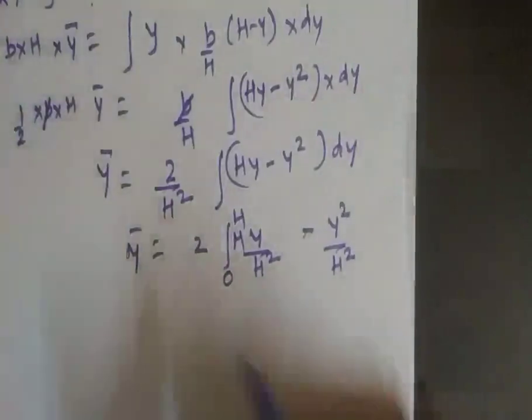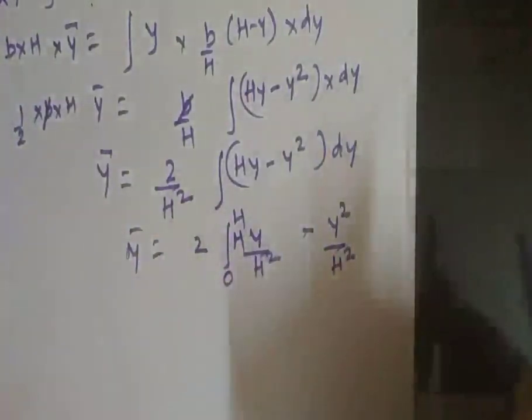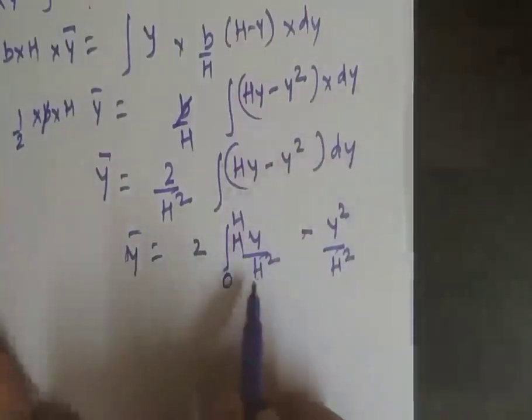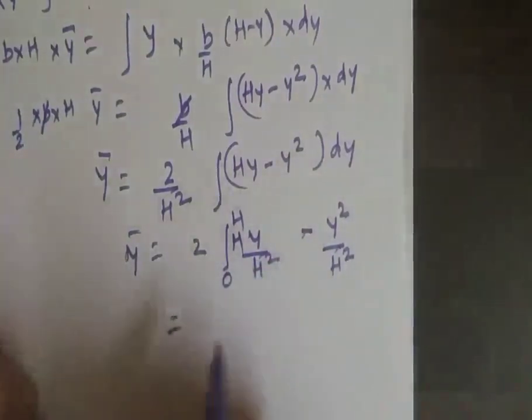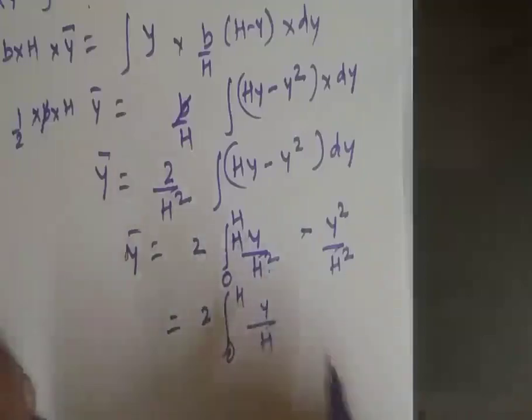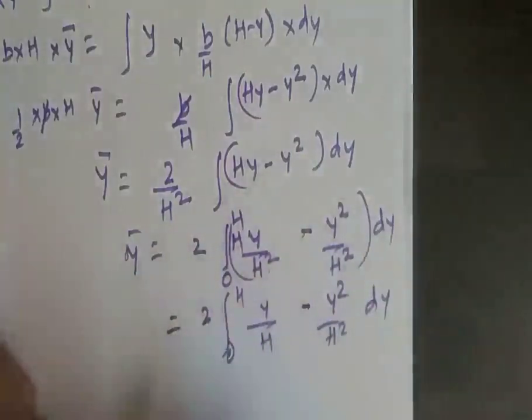After substitution of 0 to h as the integration limit, because y varies from 0 to h, we need to find each individual term. For this we have the simplification: 2 times the integration from 0 to h of y divided by h, that is h and h square get cancelled, minus y square divided by h square, dy.